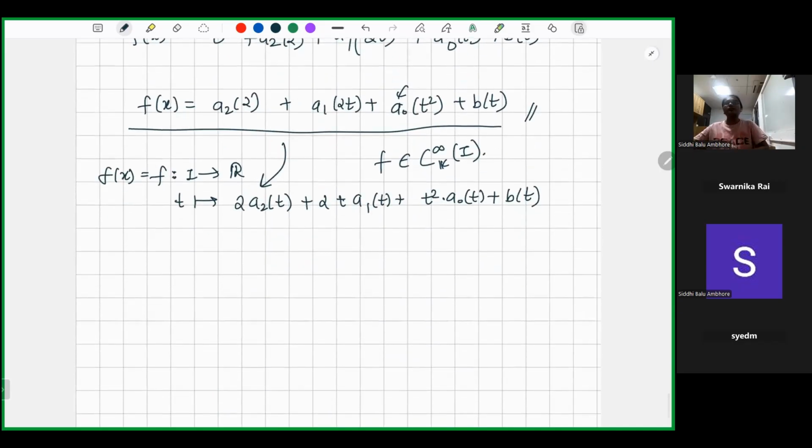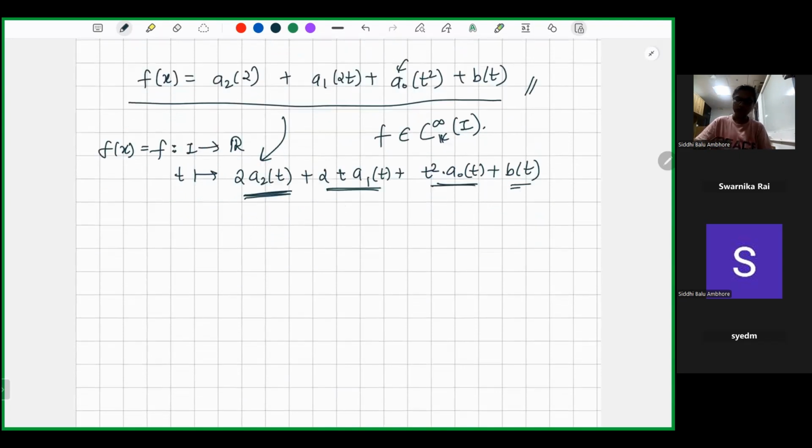Is this okay now? And now we have to check whether this is a linear map or not, and again we have to do all the checking. That's pretty okay because the product of smooth functions is smooth, so what we are writing here is still a smooth function. So that's not a problem.